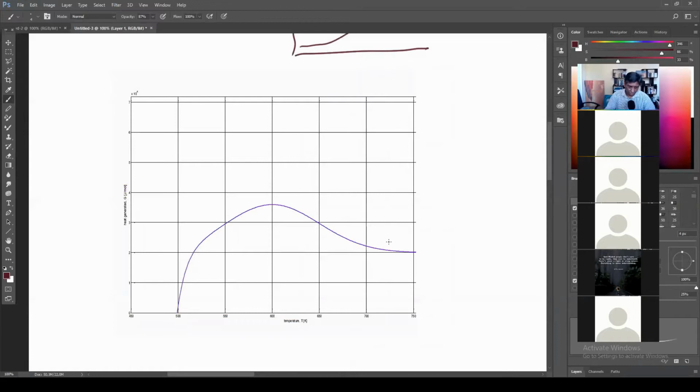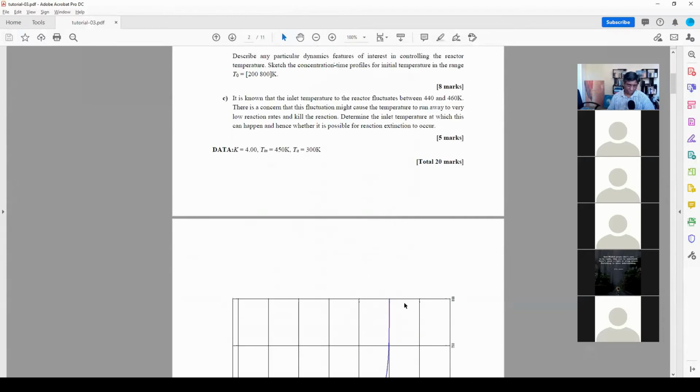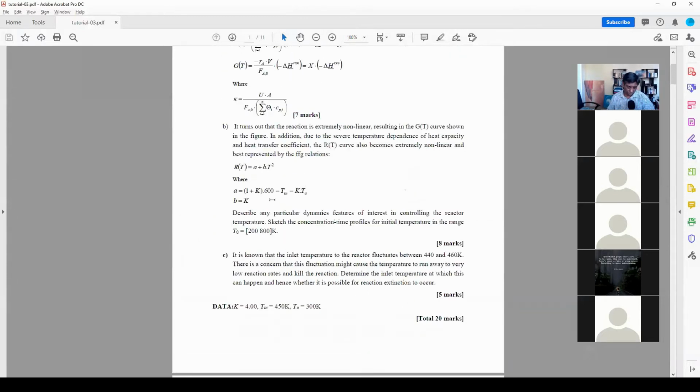This is not R, so we are only given a plot of G of T in the problem statement, and then in the rest of the problem statement, we are given enough information to plot R. So we are given data down here.